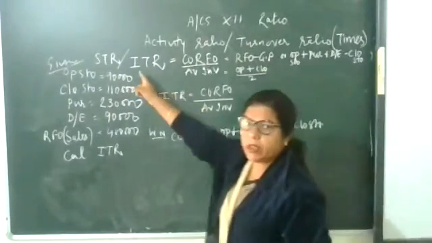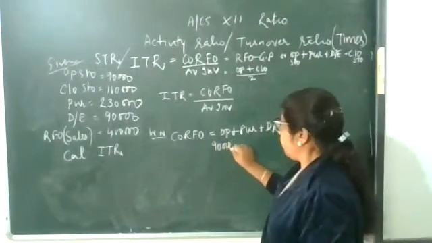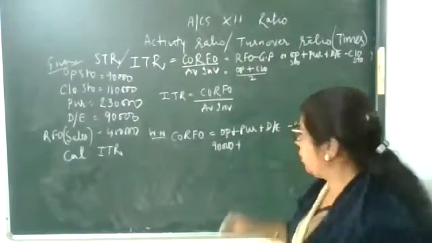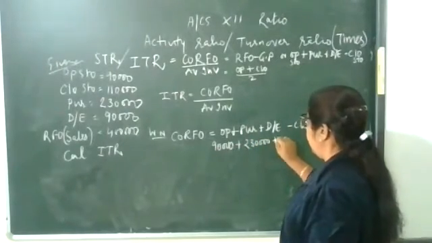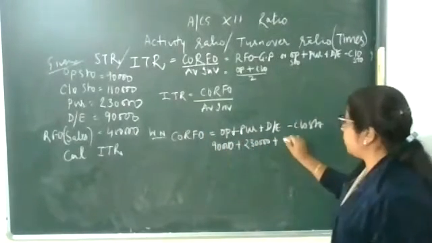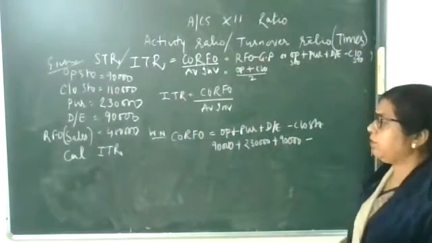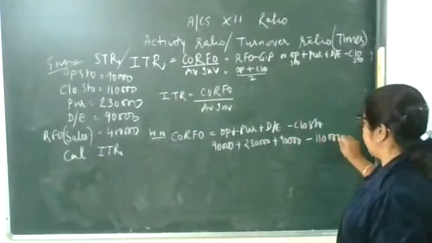So here opening stock given is 90,000. What is the value of purchase given? 2,30,000. What is the value of direct expenses given? 90,000. And what is the value of closing stock? That is 1,10,000.